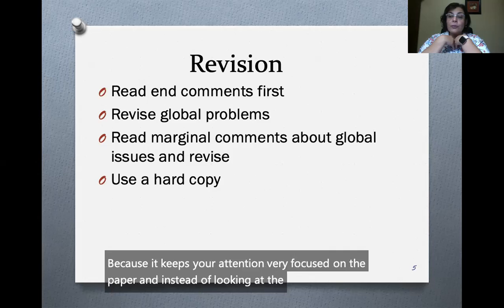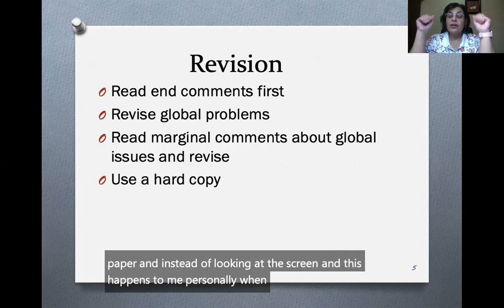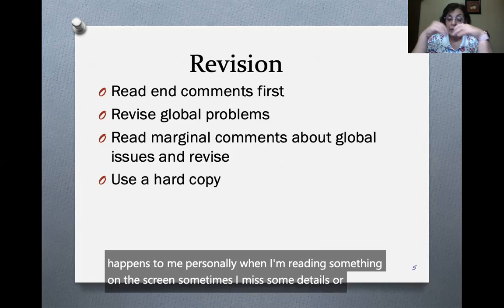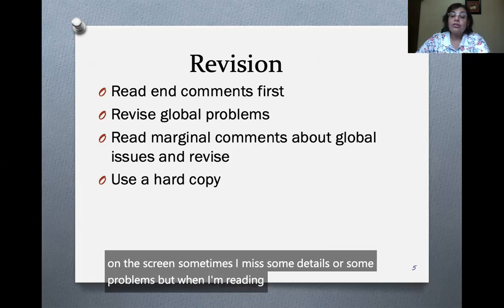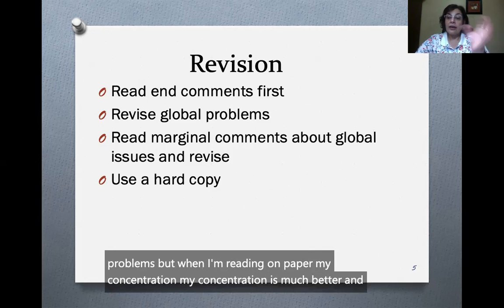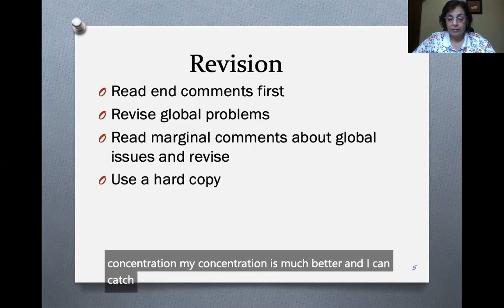This happens to me personally. When I'm reading something on the screen, sometimes I miss some details or some problems, but when I'm reading on paper, my concentration is much better, and I can catch more problems.